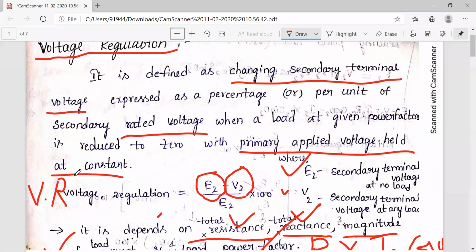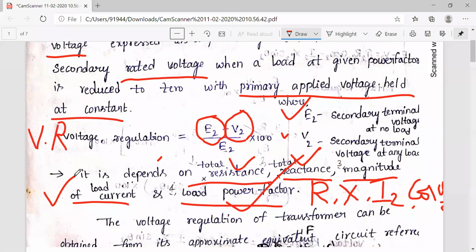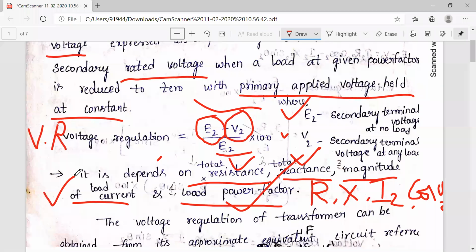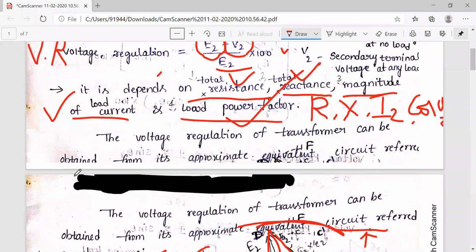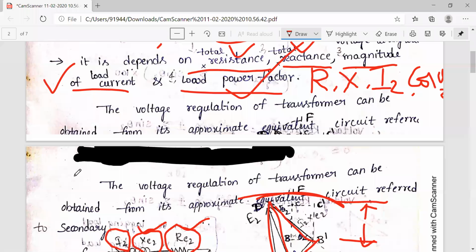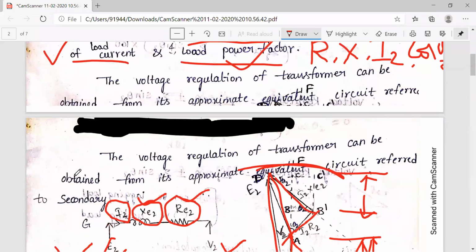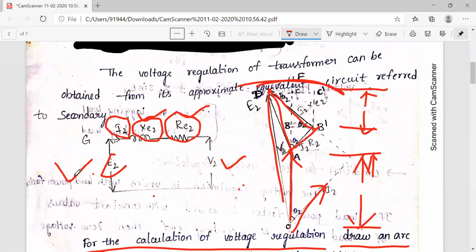It depends upon equivalent resistance, equivalent reactance, total load current or secondary current, and power factor of the load. So four parameters: resistance, reactance, current, and power factor.